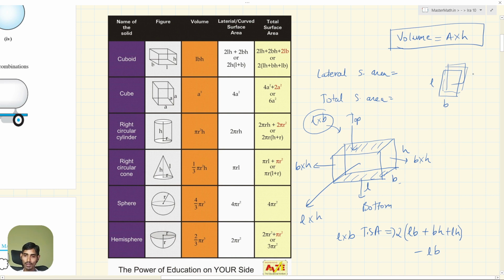So for the height H, it is to the height H. So the volume would be, area is L into B times the height. That would be the volume. That's how we get the volume of cuboid.